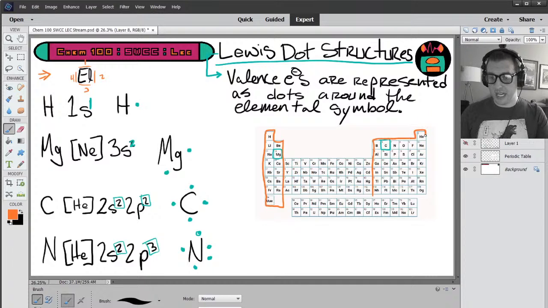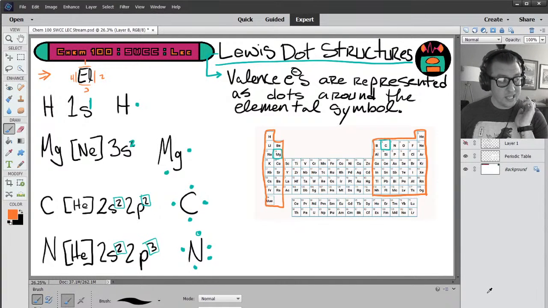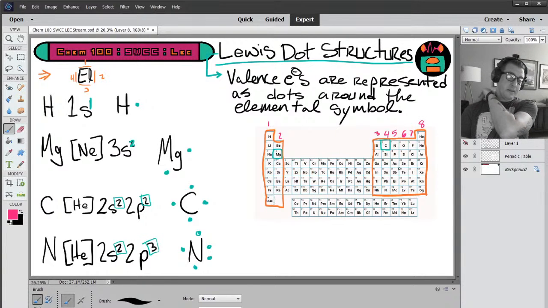It does not apply to lanthanides or actinides. It's just in the main group. And one thing that you'll notice is that there are 8 columns in the main group: 1, 2, 3, 4, 5, 6, 7, 8.